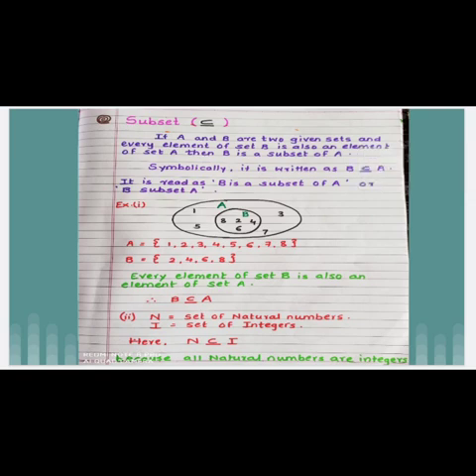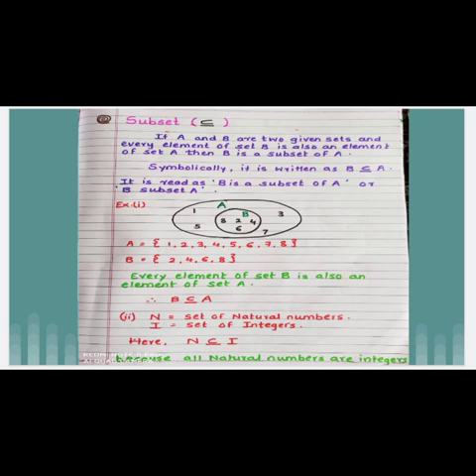Now the next one. Second example, N, set of natural numbers, and I, set of integers. Natural numbers means all positive numbers, and integers means positive and negative numbers including 0.